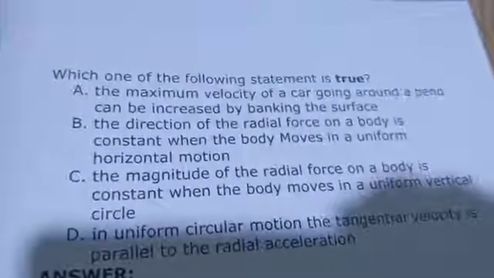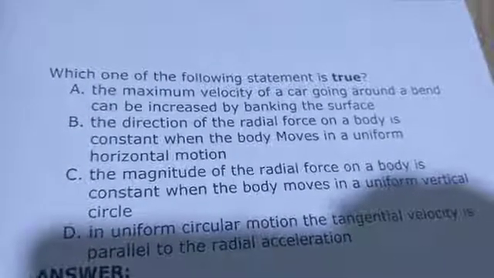Now let's see an example. Which one of the following statements is true? A, the maximum velocity of a car going around a curve, a bend, can be increased by banking the surface.